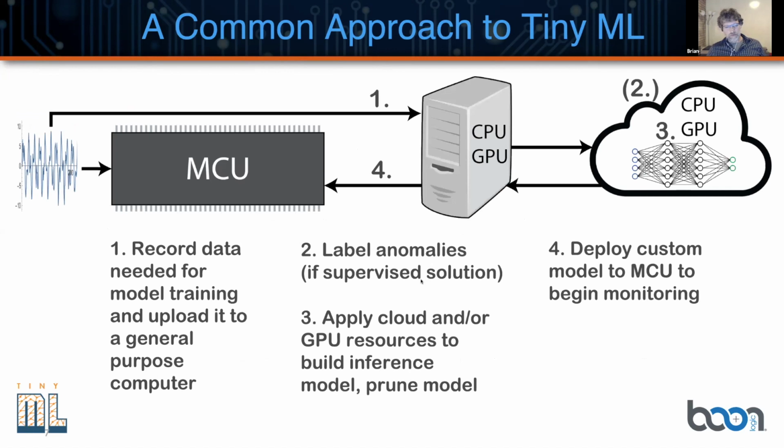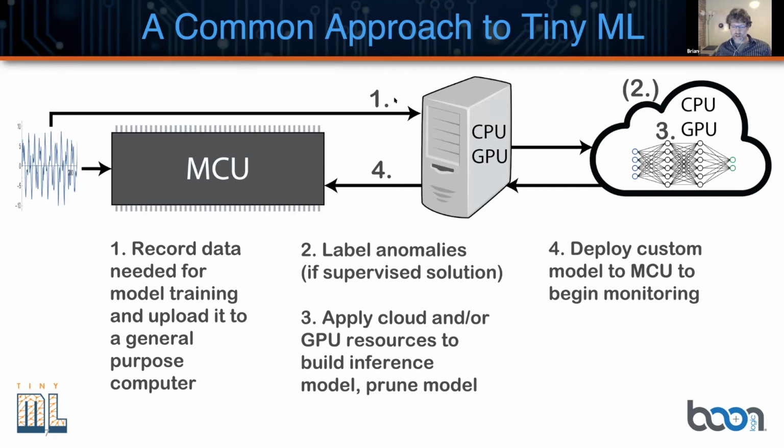I think for those of you who have been attending the tinyML talks, here's a very rough flow diagram for developing solutions for tinyML. In step one, you're going to have some kind of recording step where you acquire representative data from your sensor source, whatever that might be. That is possibly labeled if it's a supervised type solution, and that will be done on a CPU general compute platform.